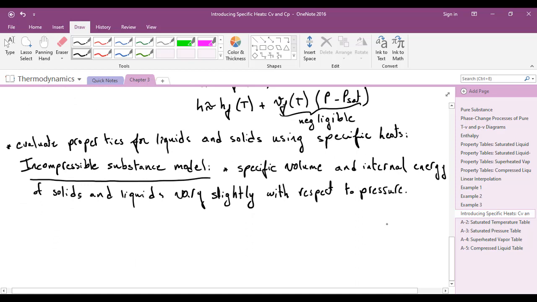So we can say, in other terms, the specific volume is assumed to be constant.